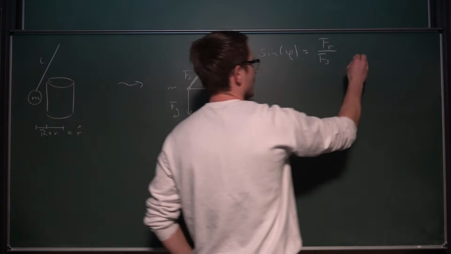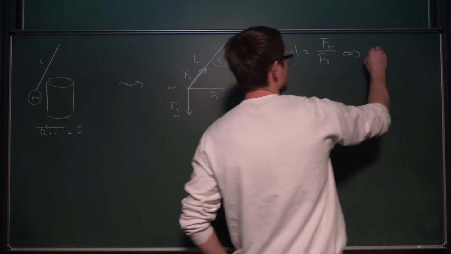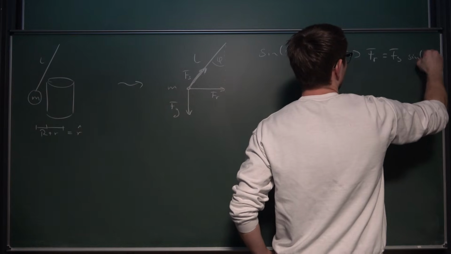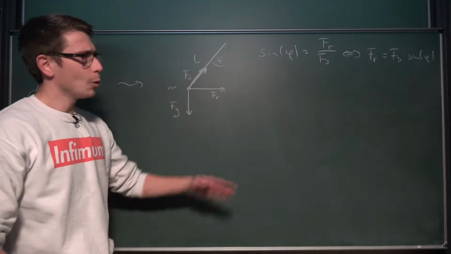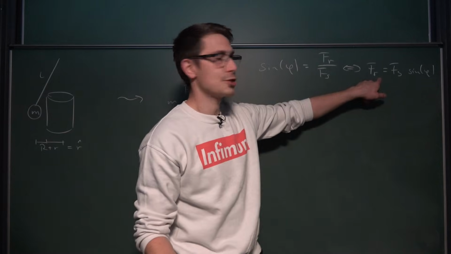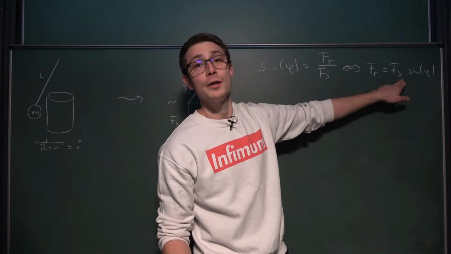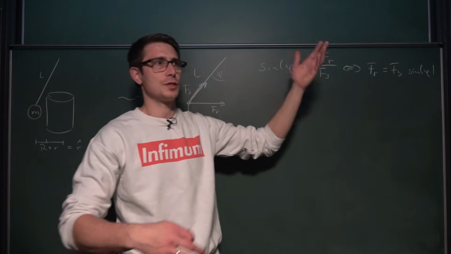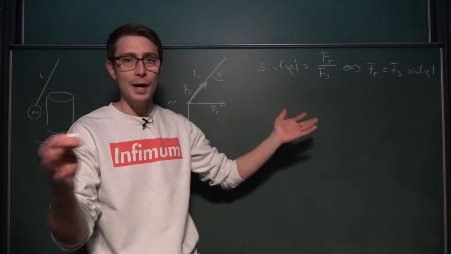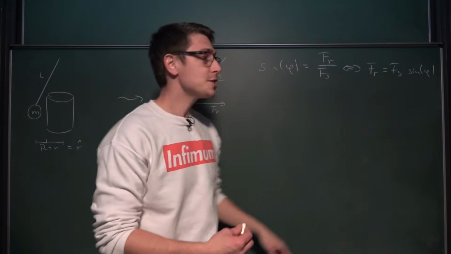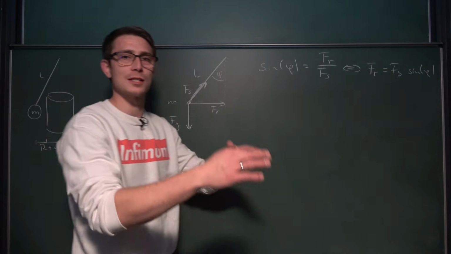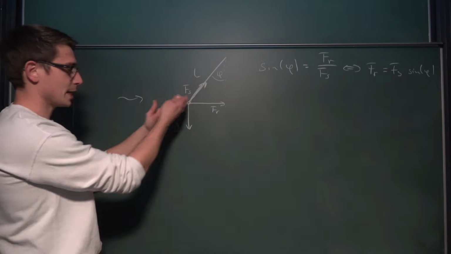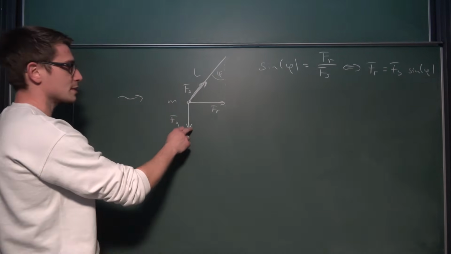Now we can solve for Fr to get ourselves a better expression for that, and Fr is hence Fs times the sine of phi. Okay, what that just means is that Fr is just a component of our constraining force Fs. Since the sine is between 0 and 1 or -1 and 1, depending on your coordinate system, this just means that Fr is always just a small part of our total force Fs, which is keeping our mass in place.